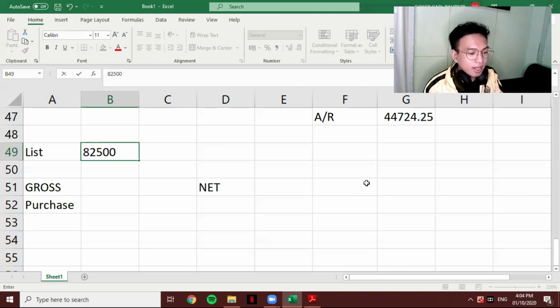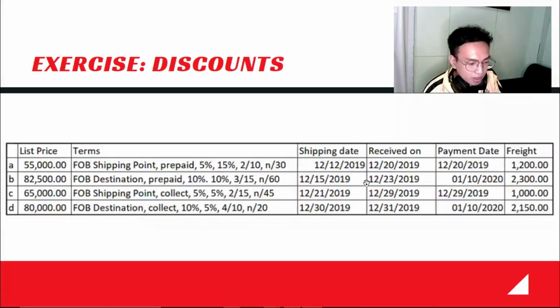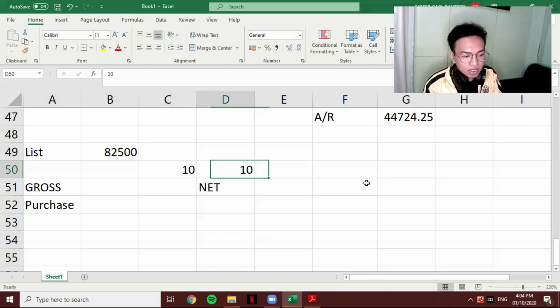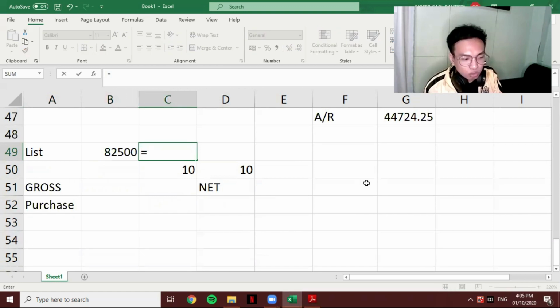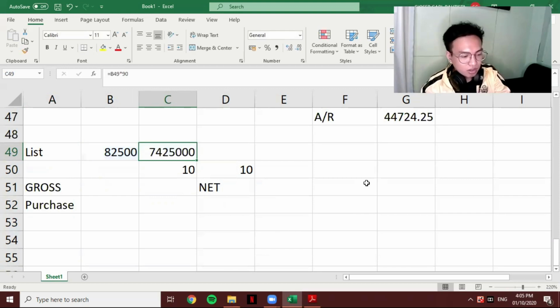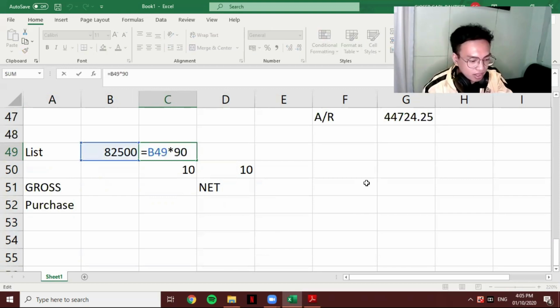And we deduct 10% and 10%. So after 10% and 10%, how much is really our gross purchase? 82,500. Multiply na lang natin kay 90%. Ay, sorry. 90% dapat.